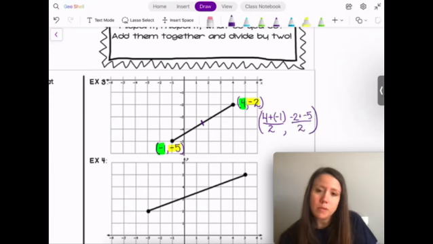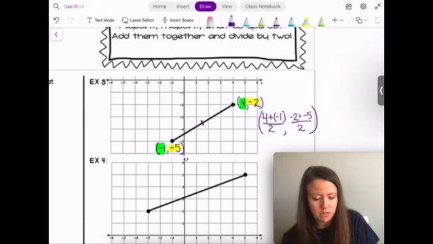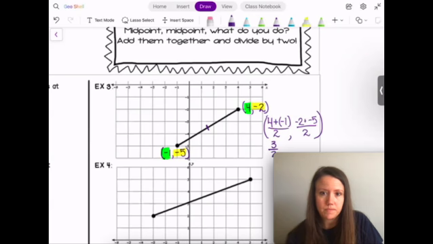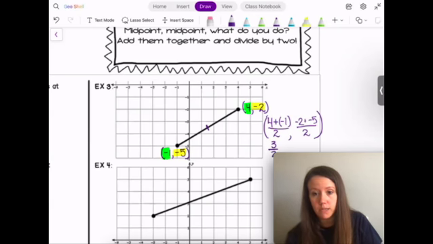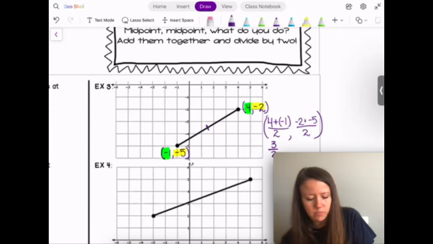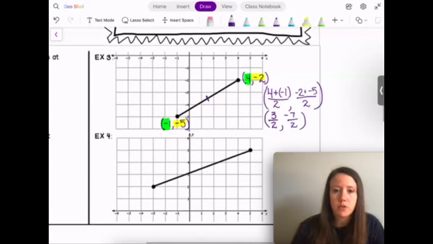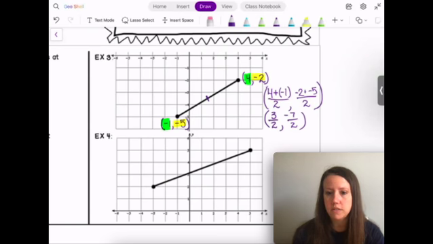4 plus -1 is the same thing as 4 minus 1, so that's 3 divided by 2. All right, -2 plus -5 is -7. That's still divided by 2. This is an appropriate answer. This is fine.